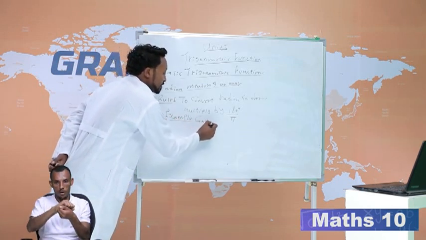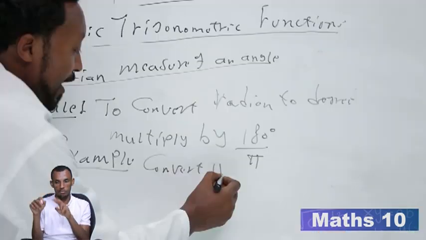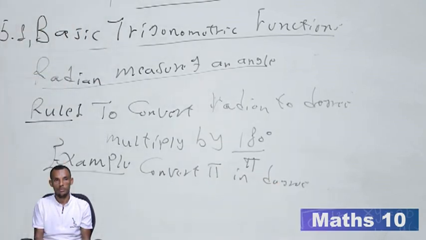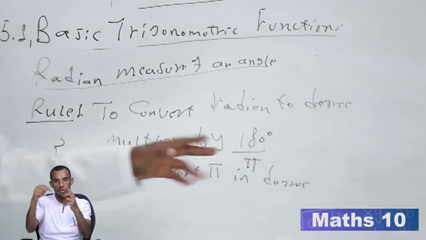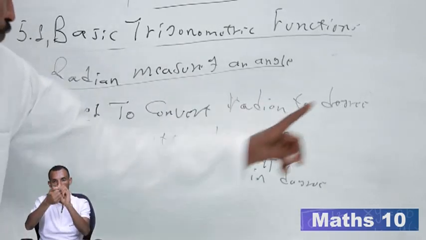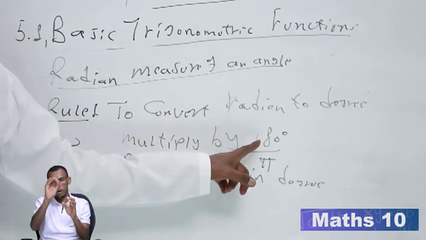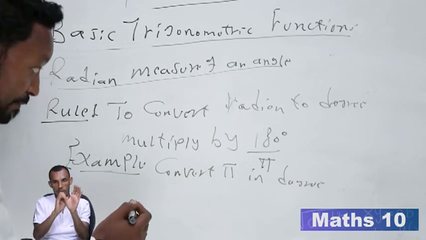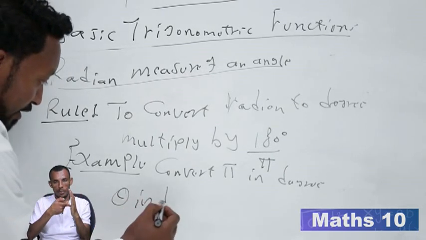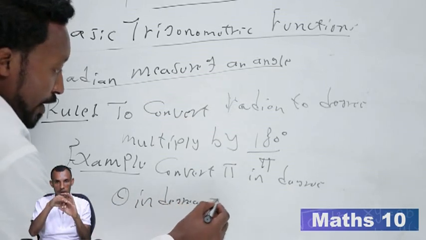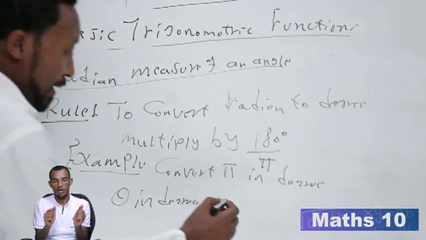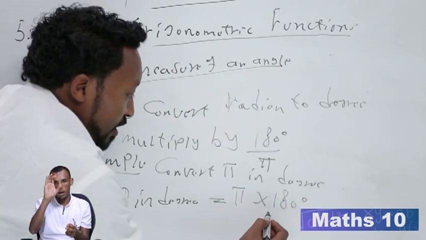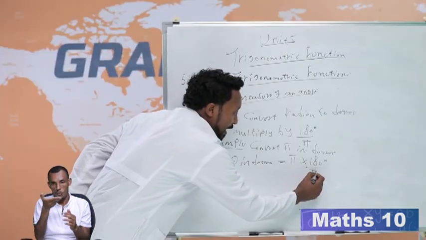convert pi into degree. How to convert this pi into degree measure? This means to convert radian to degree, multiply a given radian by 180 degree over pi. This means theta in degree equals pi times 180 degree over pi.